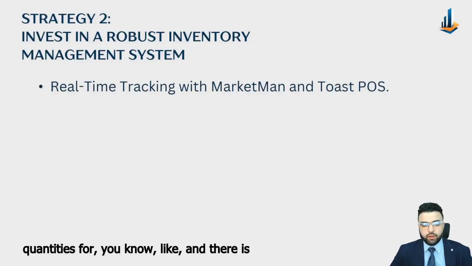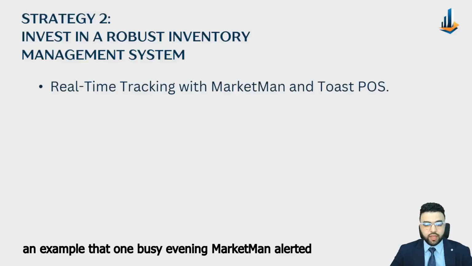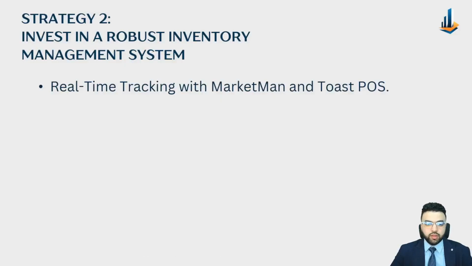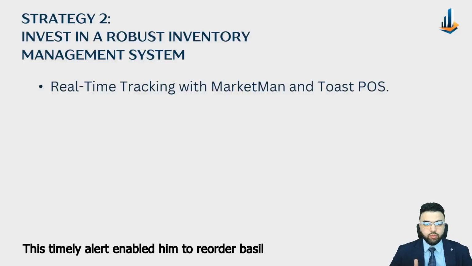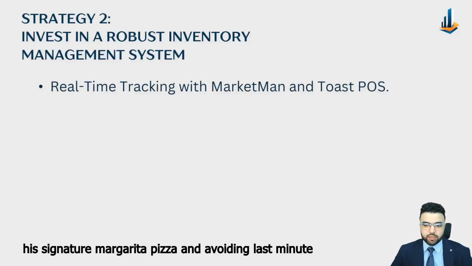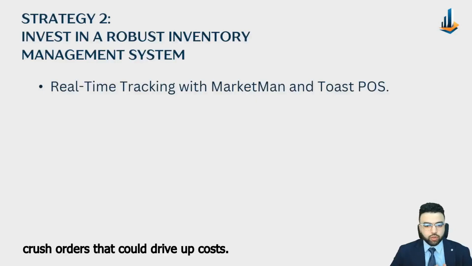For example, one busy evening, MarketMan alerted Tony that his basil stock was running low. This timely alert enabled him to reorder basil immediately, preventing any disruption in the preparation of his signature margarita pizza and avoiding last-minute rush orders that could drive up cost.